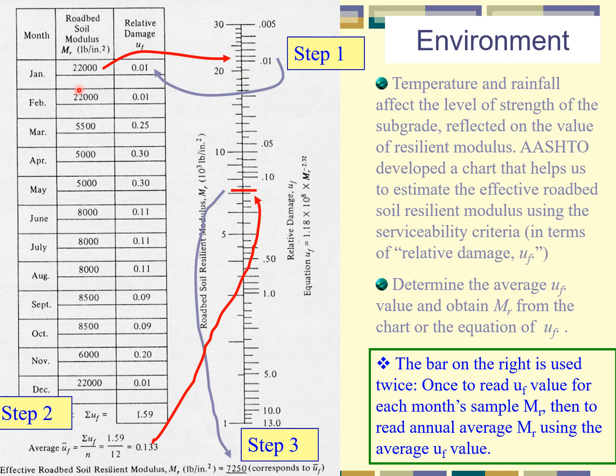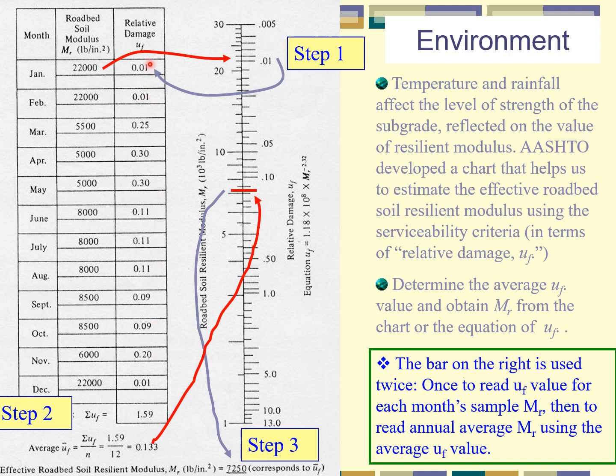You can see 22,000 is somewhere here, and the relative damage is equal to 0.01. So it has been written over here. This scale is 10 raised to power 3 pounds per square inch. So where is 22,000? 22,000 is here, and corresponding to that the relative damage is 0.01. In this way, corresponding to these different resilient modulus values, you can get the relative damage.